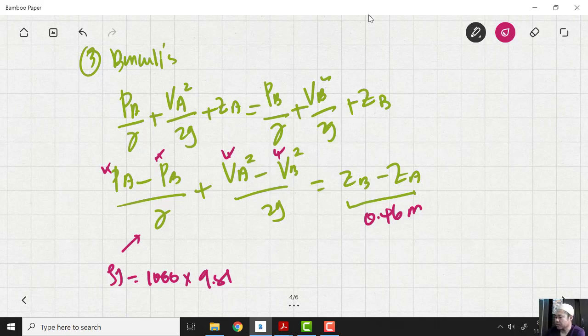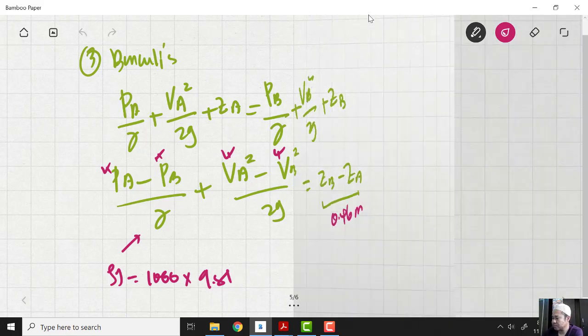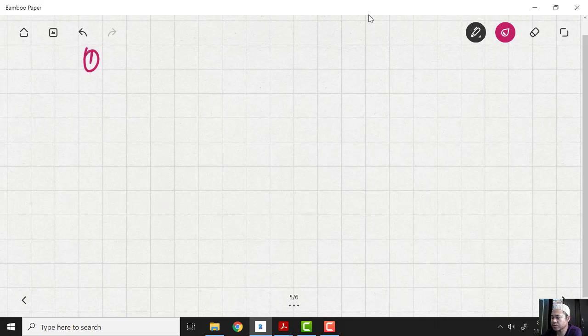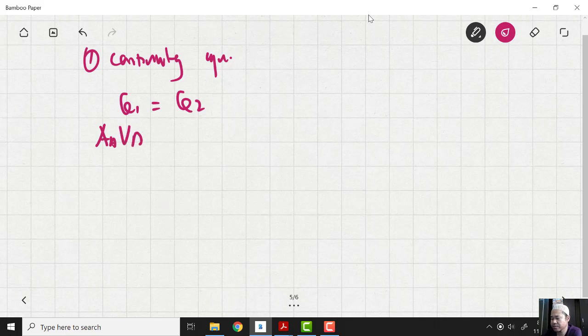Now let's first look at the easy part, which is the continuity equation. Q1 equal to Q2, so AA VA equal to AB VB.